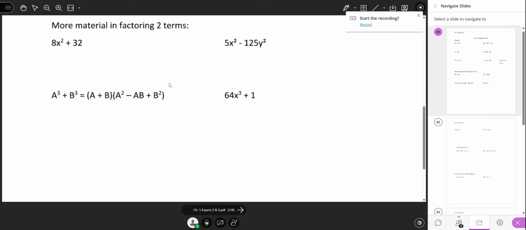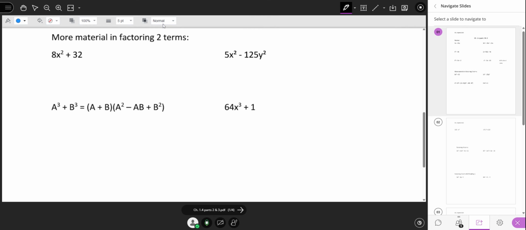On this page, I wanted to go over this formula because this formula is a big fat hairy deal. It's the sum of cubes, but truthfully, it's also basically the same formula for the difference of cubes.